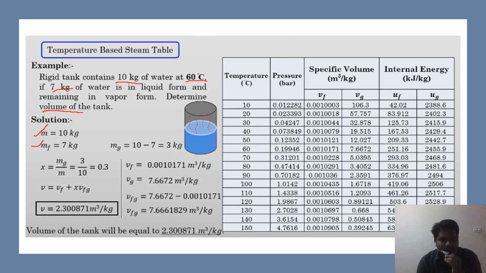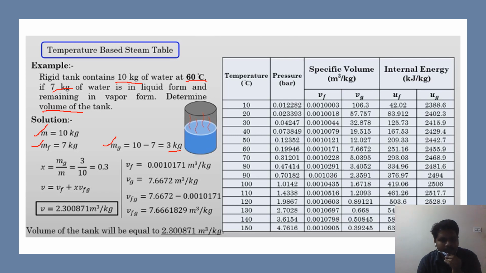So we can find the mass of the vapor. Mass of vapor equals total mass minus mass of fluid, that is 7. So 10 minus 7 equals 3 kg. Mass of vapor is 3 kg.